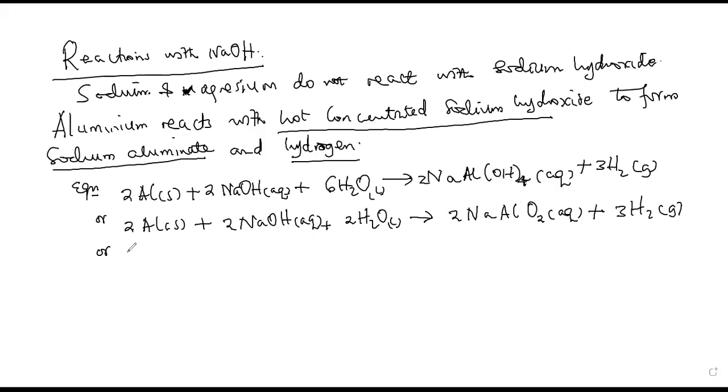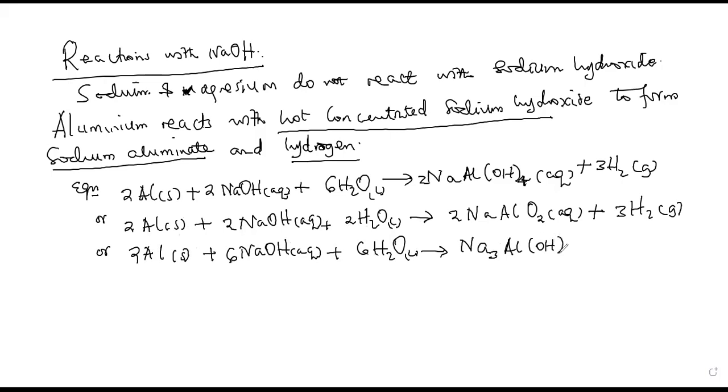Or still you can write it as aluminum plus 6 sodium hydroxide plus 6 molecules of water. And here you will form sodium aluminate of this nature, plus 3 hydrogen. These equations, to get them in the head, you must practice.